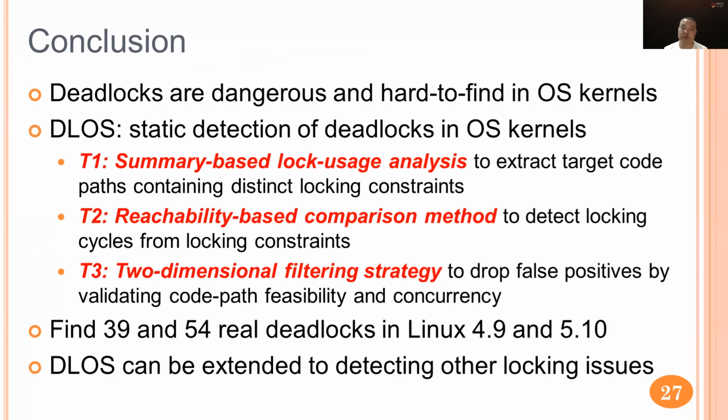In the evaluation, DLOS finds 39 and 54 real deadlocks in Linux 4.9 and 5.10. We believe DLOS can be extended to detecting other locking issues, such as double locks and using sleepable locks while holding spin locks.